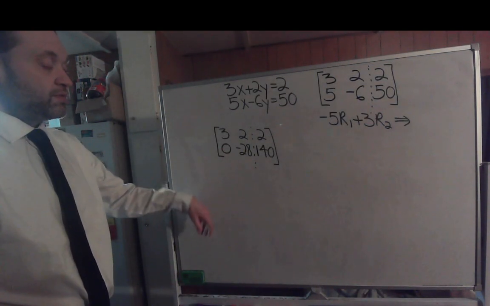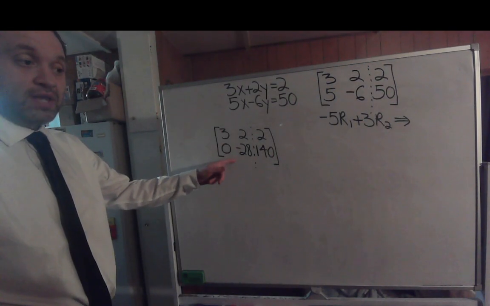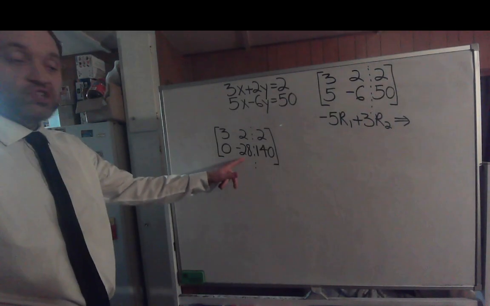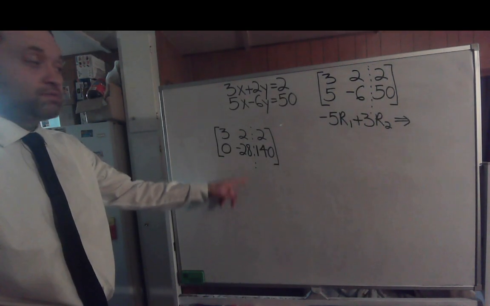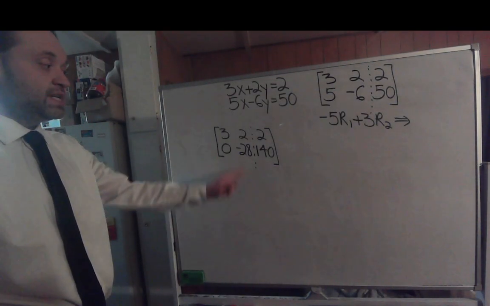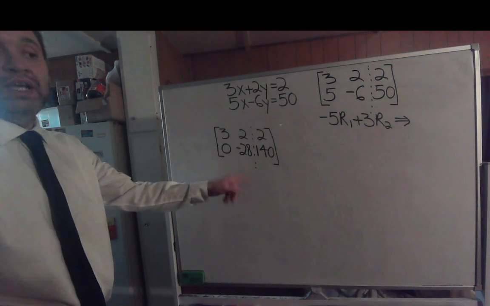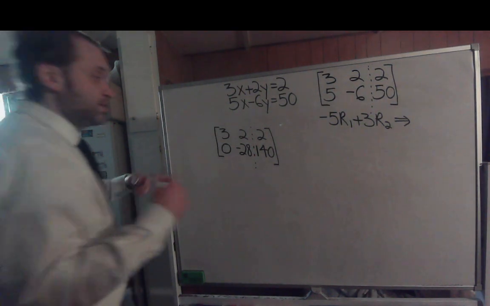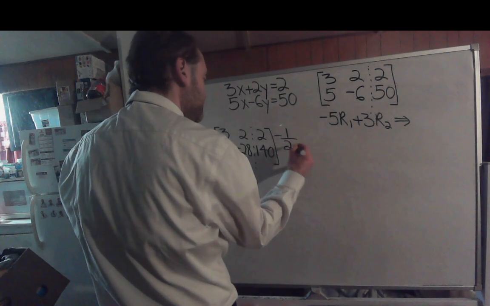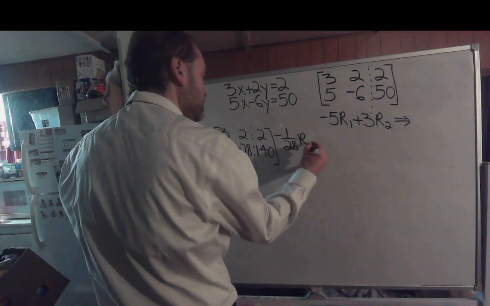We do have a 0 in the second row for our first term, but the leading digit's negative 28. That's still not in row echelon form. We need to make that leading digit a 1. So we got to take negative 1/28 of row 2.